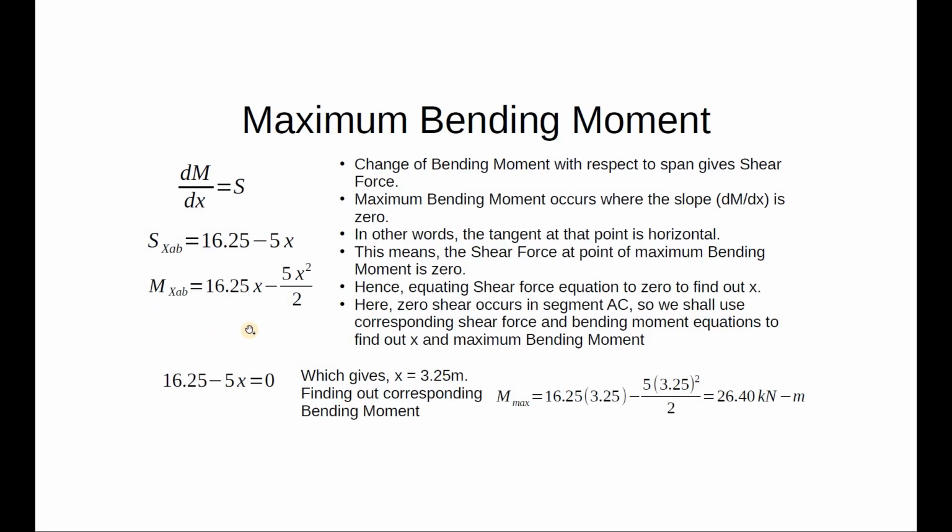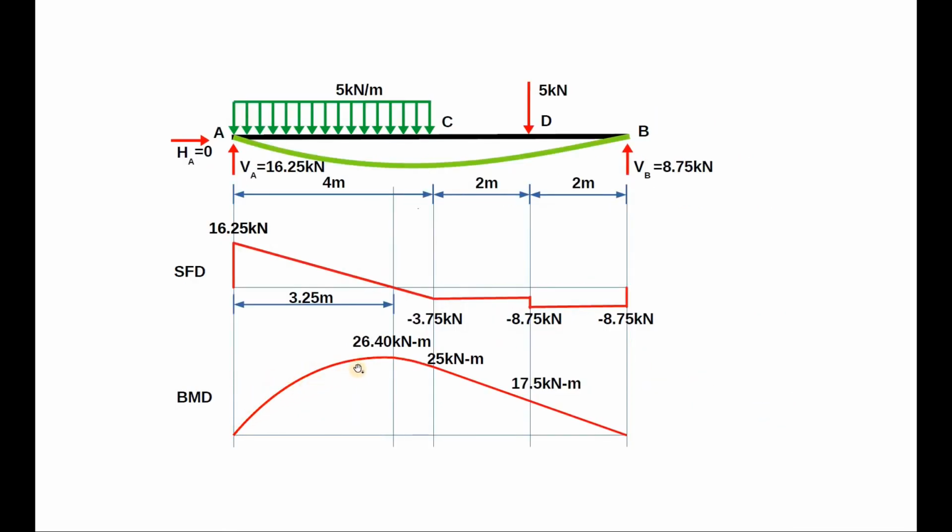Making use of the corresponding bending moment equation and substituting the value of x equals 3.25 in that expression, we get maximum bending moment as 26.40 kilonewton meter. Now we can plot the bending moment diagram between points A and C with a peak of 26.40 kilonewton meter occurring at 3.25 meters from support A.